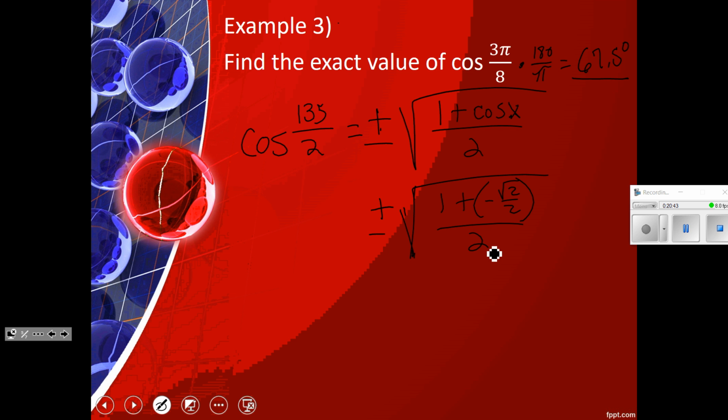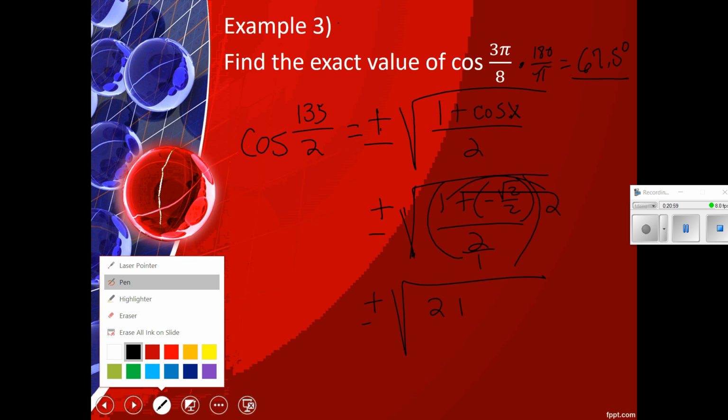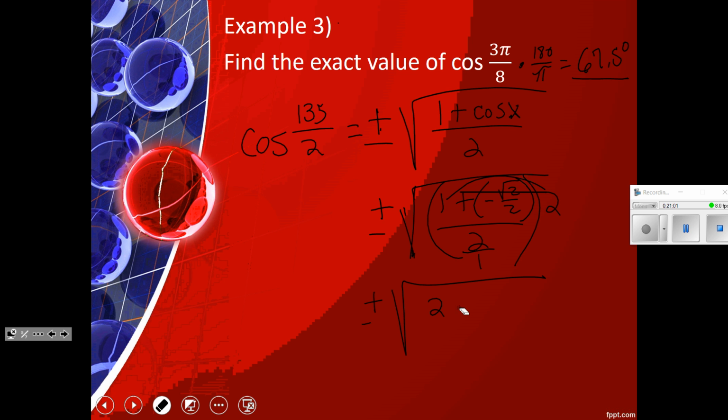So you've got to keep rolling a little bit. I'm going to multiply the inside by a common denominator of 2. And so this will be plus or minus the square root of 2 minus the square root of 2, all divided by 4.